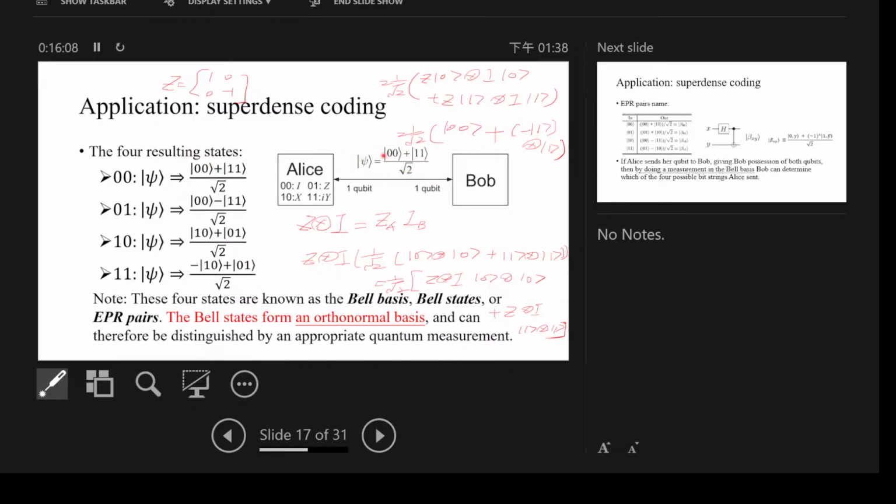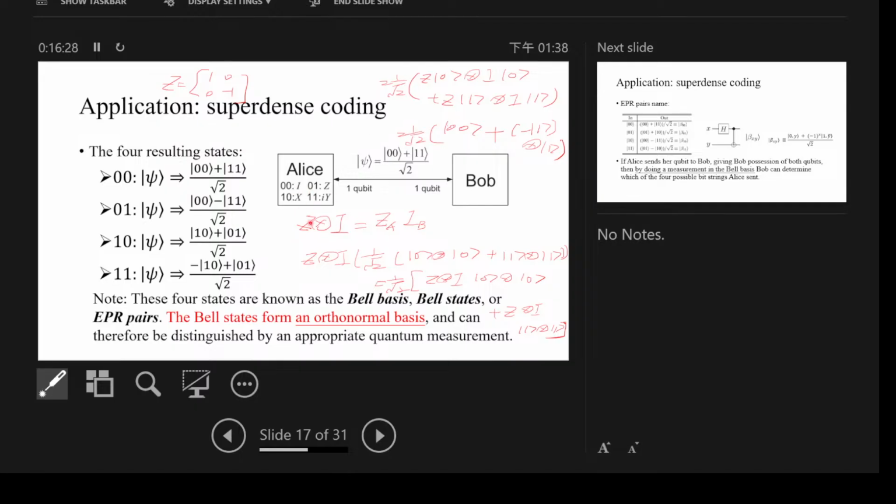Then it's Z tensor identity on |00>, and because each slot should just do multiplication itself, it's Z on |0> tensor identity on |0>.